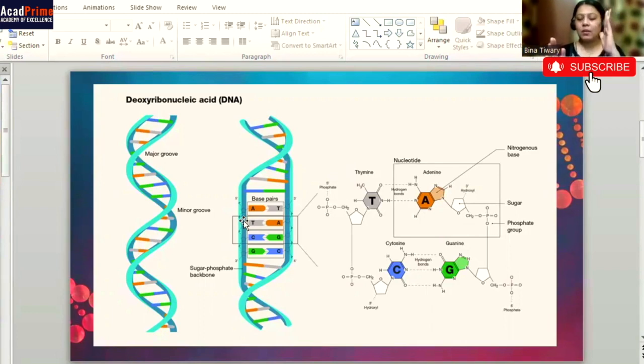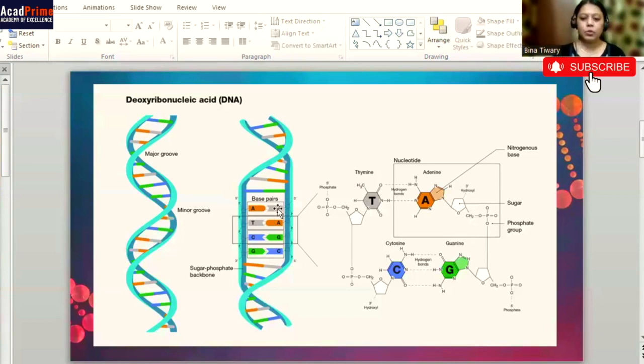These two strands run in an anti-parallel direction, that is 5 prime to 3 prime, and the other one from 3 prime to 5 prime. So that is why we call it an anti-parallel direction. And as you can see here, just like when we have a ladder, in the ladder there are a few joining strands in between. So here also there are hydrogen bonds which are joining these nitrogen bases.